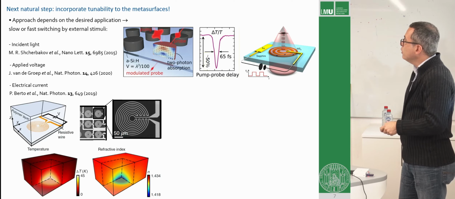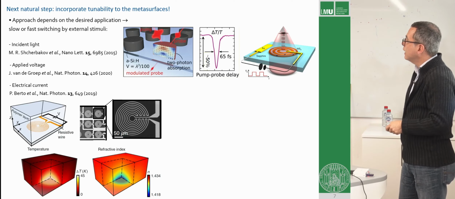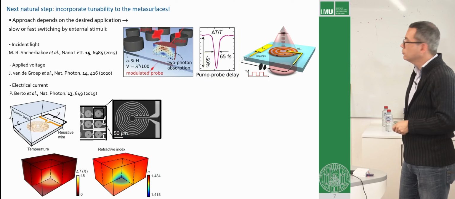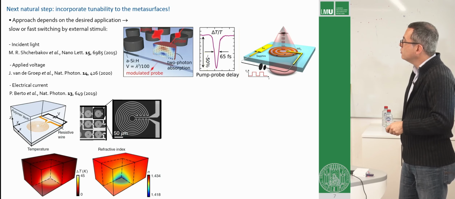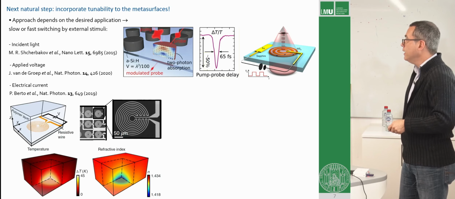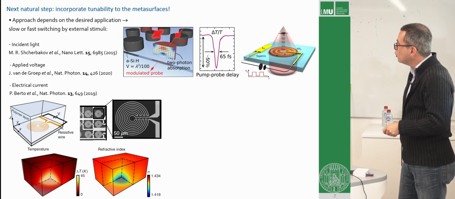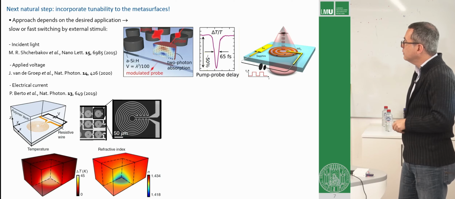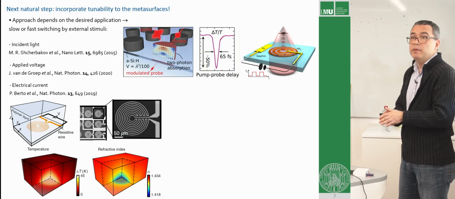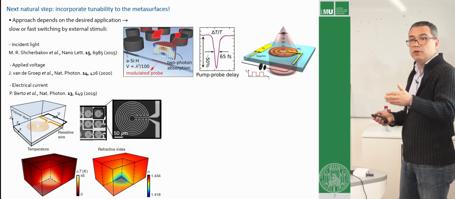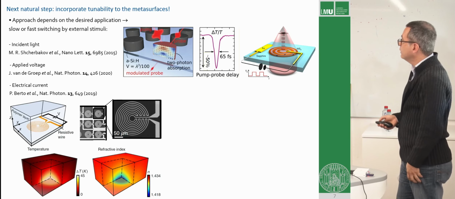Then, when you pass current to this metaatom, you generate heat through the Joule effect. This creates a temperature gradient inside this polymer, and the polymer has a thermo-optical response. This then changes the refractive index of this polymer, and then this polymer acts as a lens with different and dynamical properties, right?